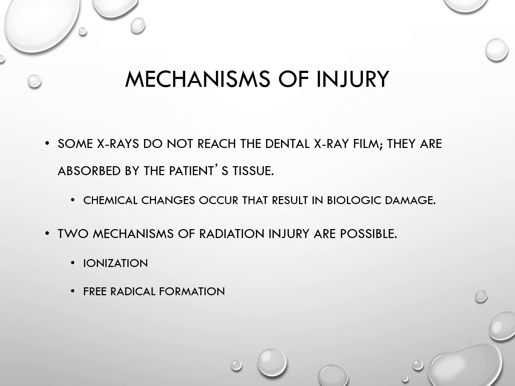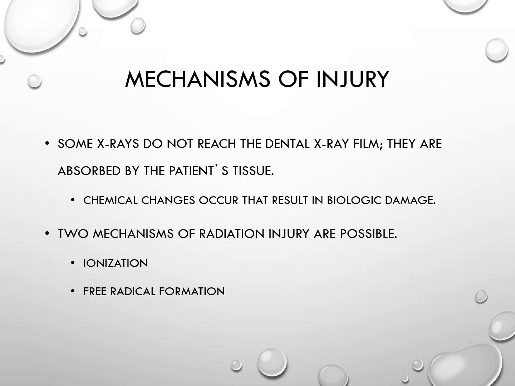This chapter is going to be all about what happens when that X-ray photon is absorbed and all of its energy is then transmitted to the cell. So it's not all of the X-rays that we send toward the receptor are able to reach the receptor. That's actually a good thing because we want some of them to be absorbed so that we get a proper image. And we need to understand, though, that that absorption causes changes that result in biologic damage.